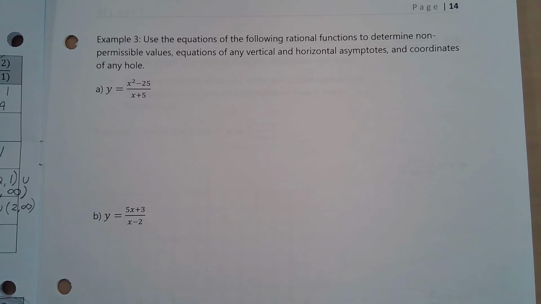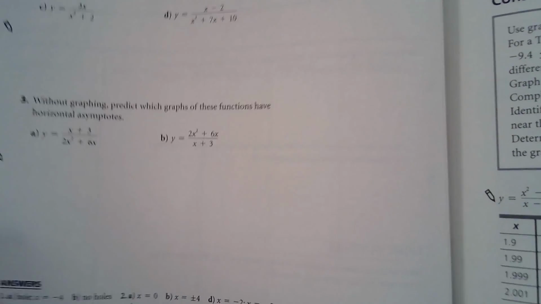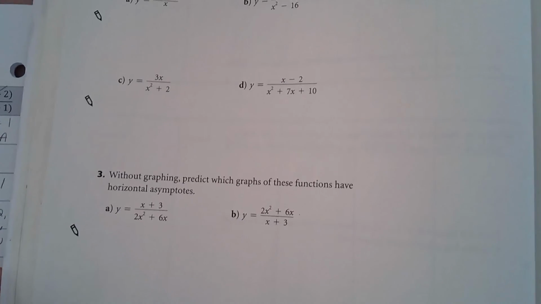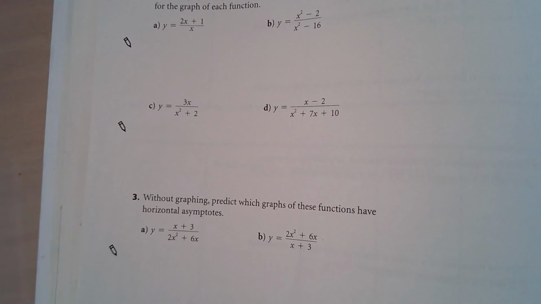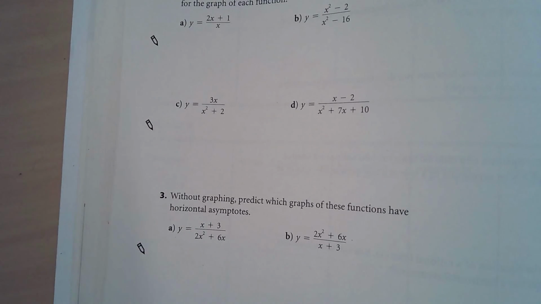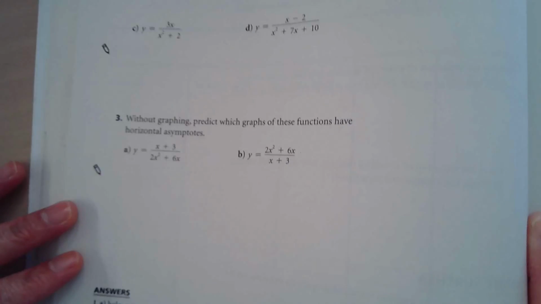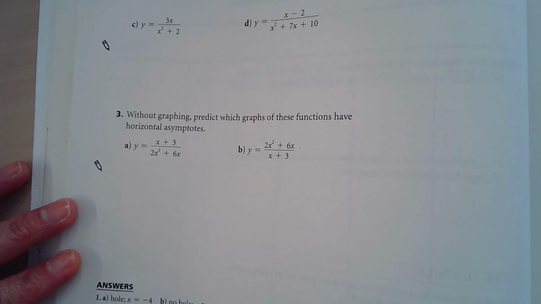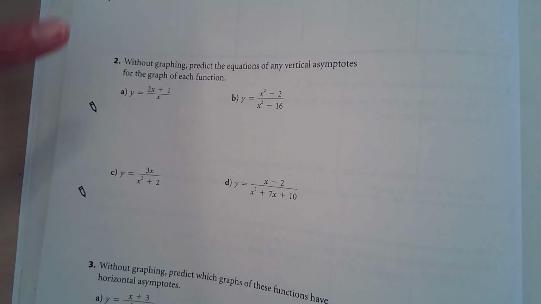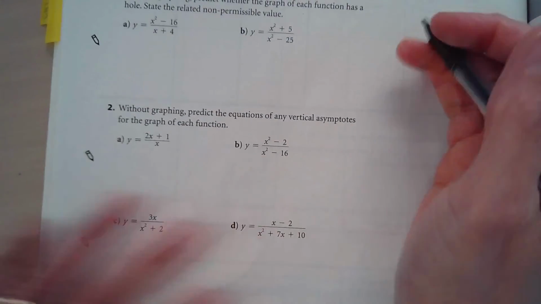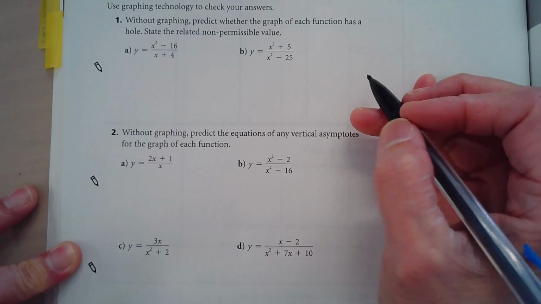This is what I'm going to ask you to do, for you to try. It's going to be on page 104, questions 1, 2, and 3. This one here, we're just going to predict.